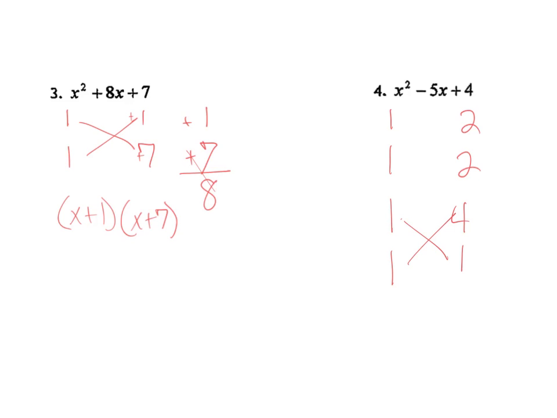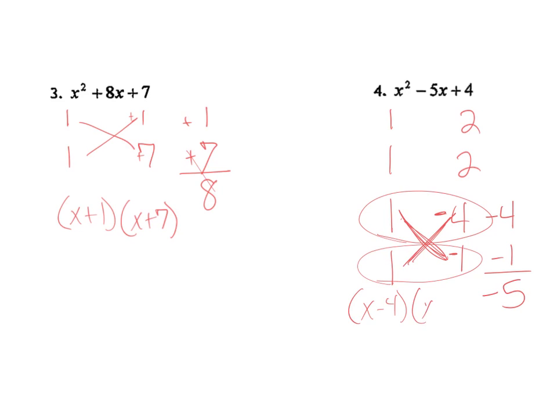Okay, I need to multiply to make a positive 4, but add up to negative 5. 4 and 1 do make 5, but how am I going to get it to be a negative 5? Make them both negative. Which means that my 1 times 4 is going to have to be a negative 4, and 1 times 1 is going to be a negative 1. X minus 4, my top, and then x minus 1, my bottom.